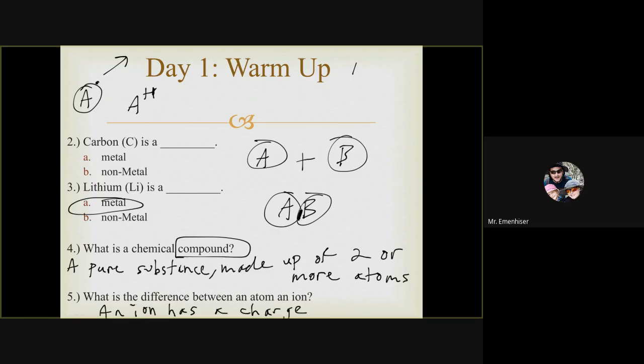Or let's say we have atom A over here, and it picks up an extra electron. Now it's got more than what it had before when it was a neutral atom, and so now it's going to be an atom with a -1 charge. So either way, it's charged, right? It's a charged atom, so that's what an ion is. And the process of ionization is the process of making an ion. Okay. All right.